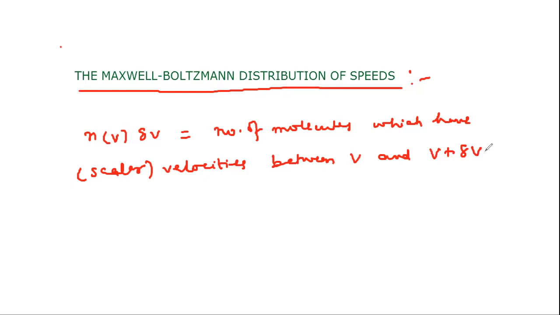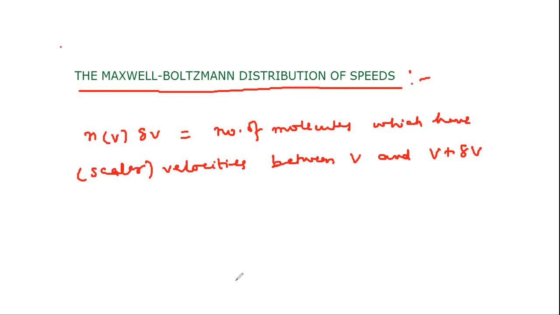So if this N of v delta v denotes the number of molecules which have speeds or scalar velocities between v and v plus delta v in an ideal gas, we want an expression for this.